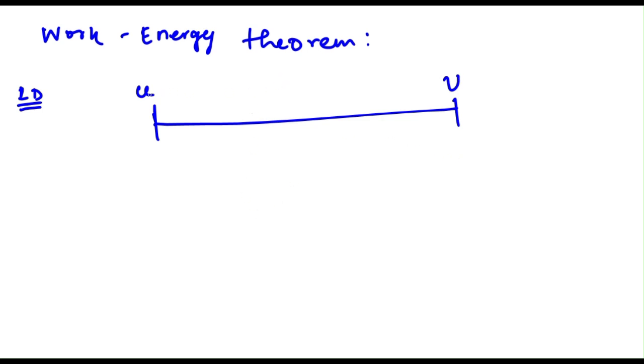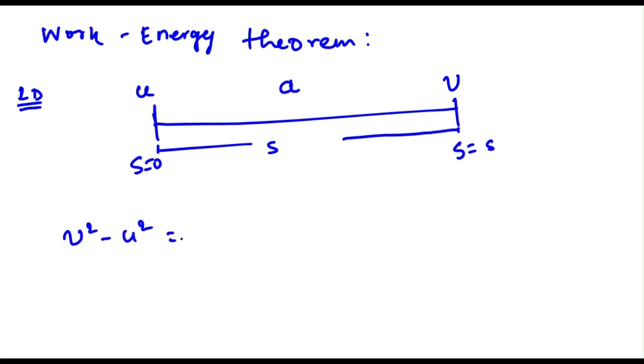If it has velocity which is changing, then an acceleration is working on it. Now if this is s equals 0 displacement, and here the displacement is s, we have a simple relation here, which is v square minus u square equals 2as, or you can say v square by 2 minus u square by 2 equals a into s.